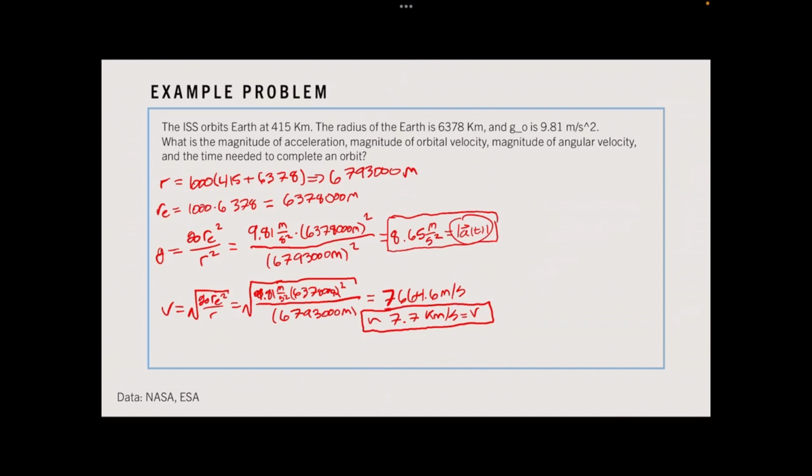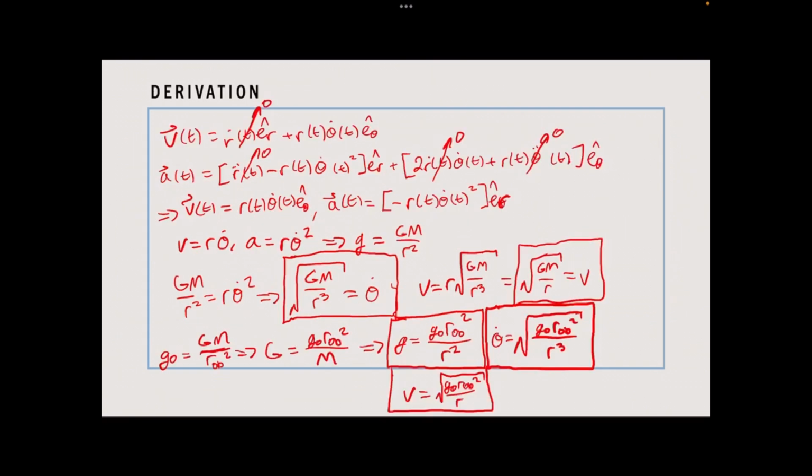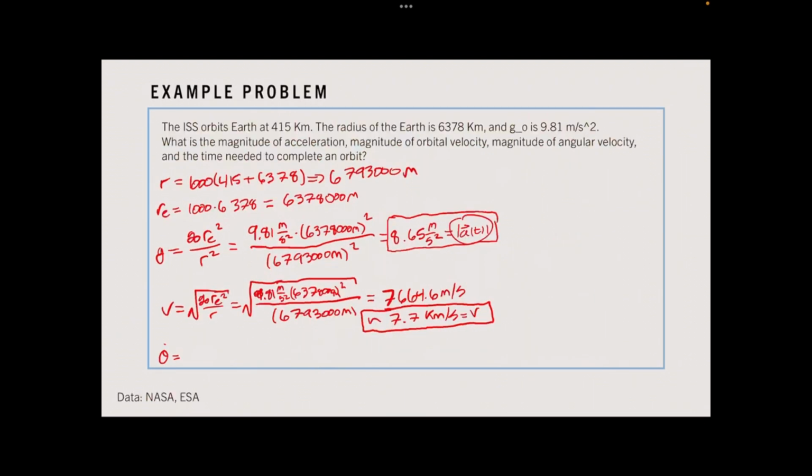Now let's get the magnitude of our angular velocity, which is theta dot, and as we saw earlier, theta dot is the square root of g naught re squared divided by r cubed. So this is going to be the square root of 9.81 meters per second squared times the radius of the Earth, 6378000 meters, squared.